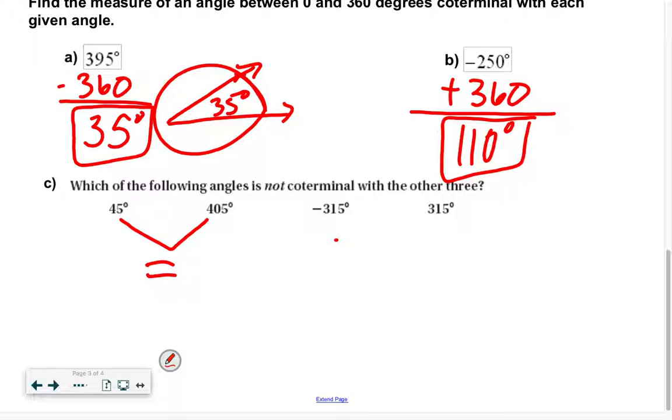Okay, how about can I get from 45 to negative 315? What would I have to do? To get from 45 to negative 315, I would subtract 360. Is 45 minus 360 negative 315?